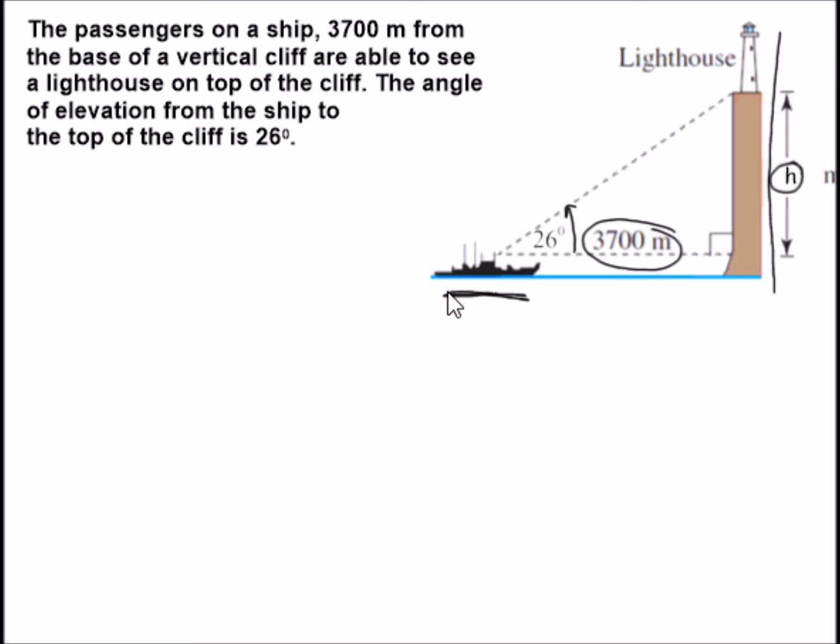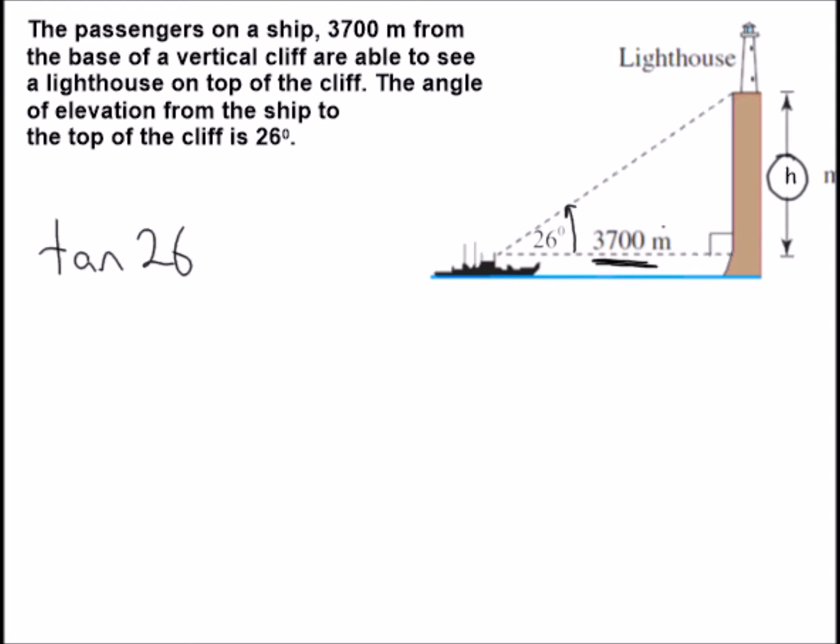So in this case, if I've got my angle of 26 degrees, I know this length here is the adjacent length, and height, the value we want to find, is opposite, and therefore the trig ratio is the tangent. So the tangent of 26 degrees is equal to opposite on adjacent, so h on 3,700.